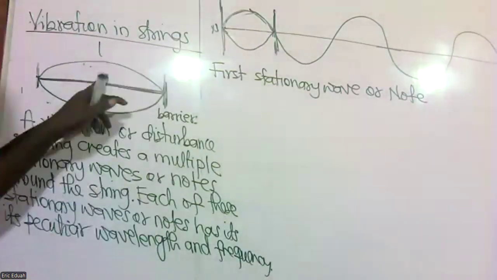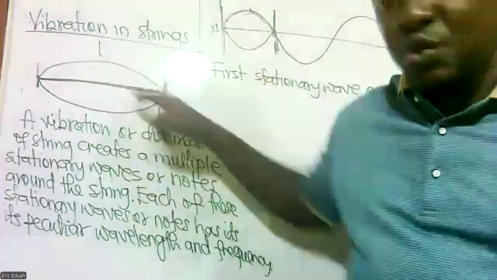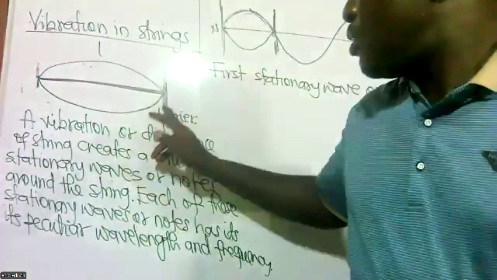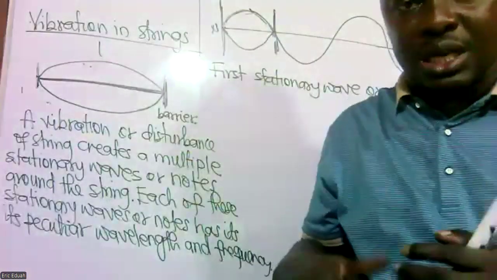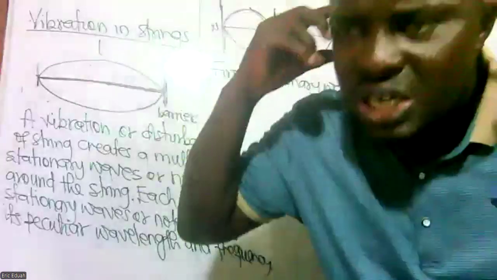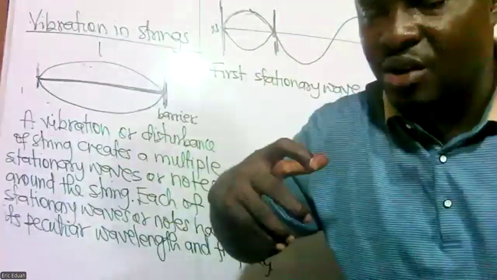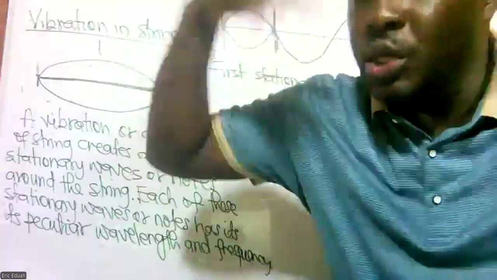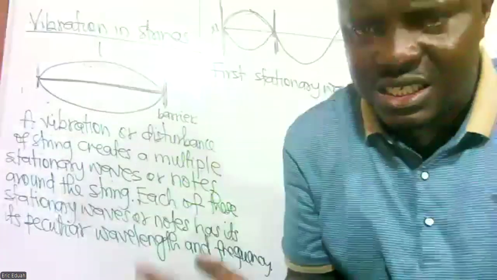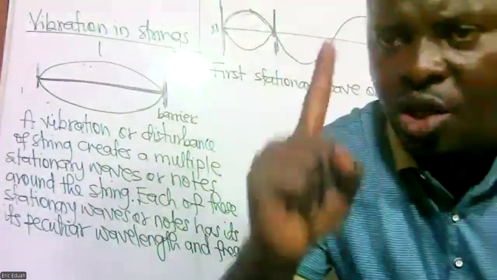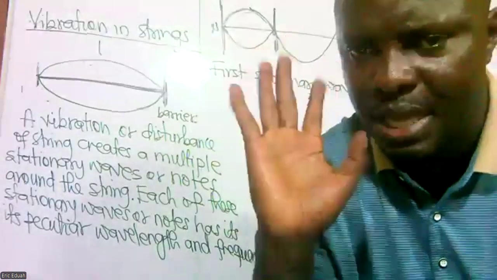So why are we talking about this? If we have a string of length L with a boundary at both ends, when you vibrate or disturb the string, it creates a continuous sound. One disturbance can create sound like brrrr. That continuity is a result of many stationary waves. If it were just one stationary wave, you would hear one short sound, then it ends.